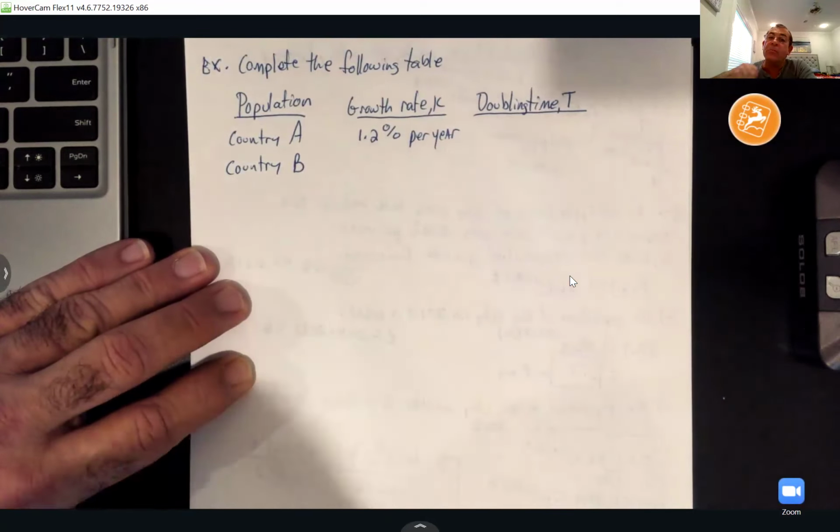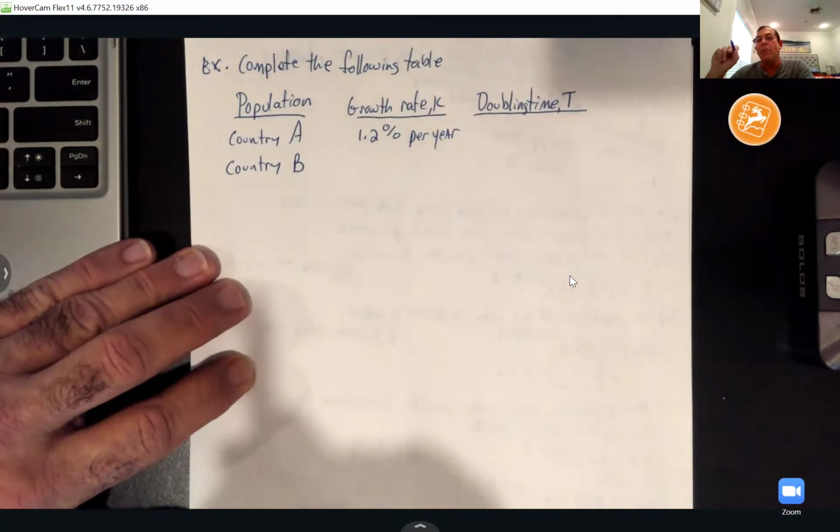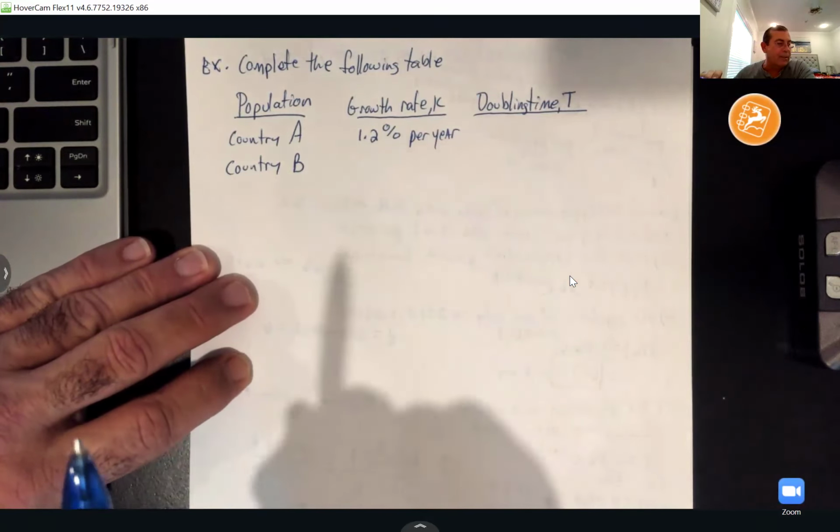So I have to turn the decimal back into a percent by moving it right 2 places.